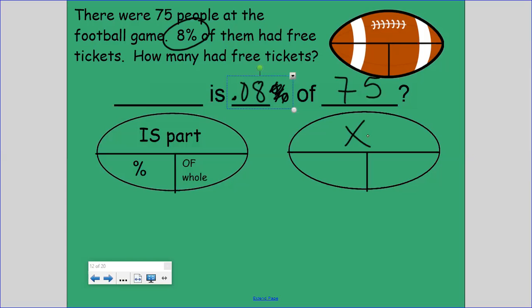So let's fill it in. This was 8%, which is 0.08 of 75. So if I were to answer this question, all I would have to do, you guessed it again, because I have the two bottom ones, we'll do some with the others in a minute, 0.08 times 75 is 6.